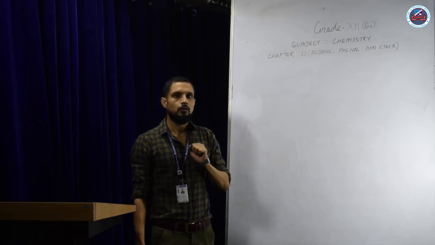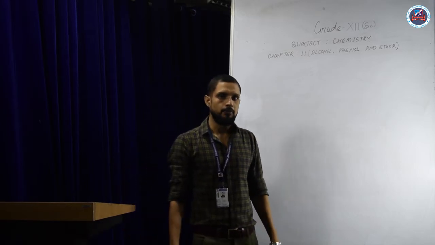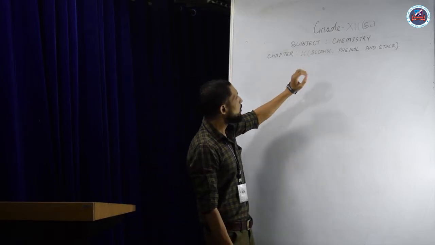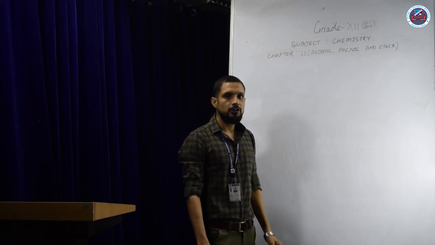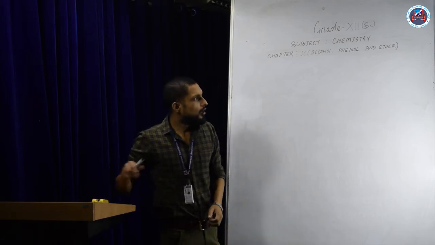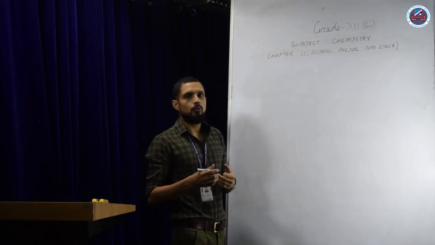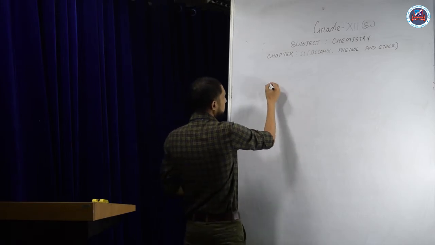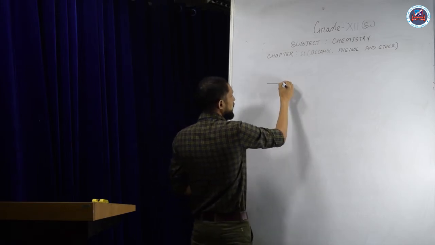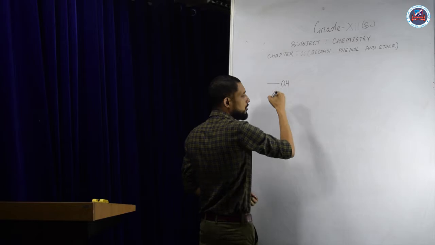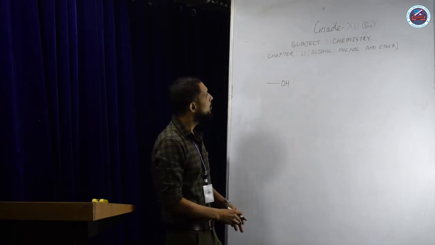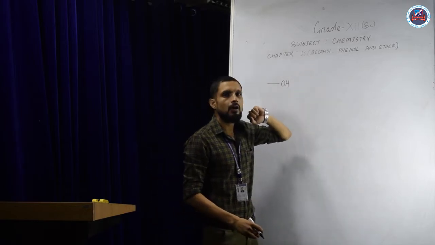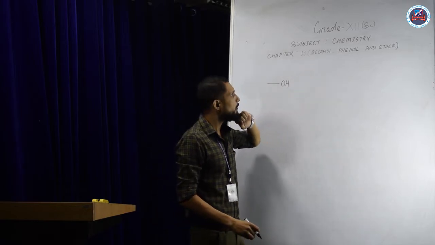So in this video we'll start a new chapter, that is alcohol, phenol and ether. First let us try to know what is alcohol and phenol. Now the compounds containing OH functional group are known as alcohol and phenol.